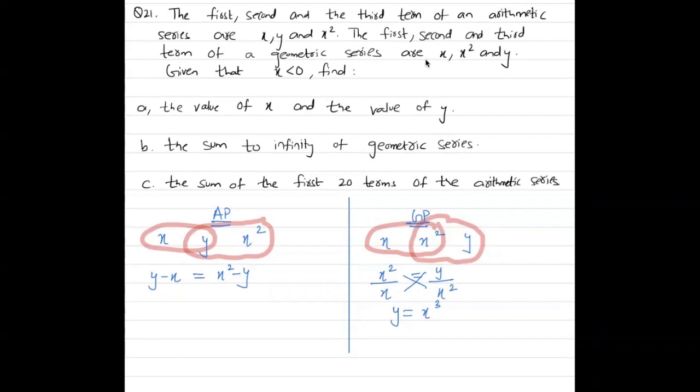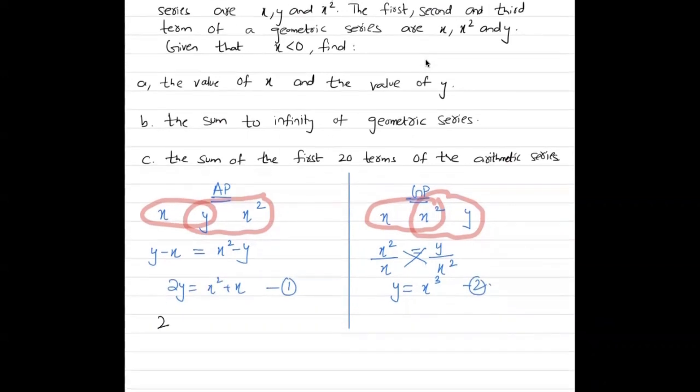Yes. And if you simplify down the first equation, that's going to be 2y equals x squared plus x. Now you solve these two equations simultaneously. You substitute equation number 2 in equation number 1. You are going to get 2 times x cubed equals x squared plus x. 2x cubed minus x squared minus x equals 0.